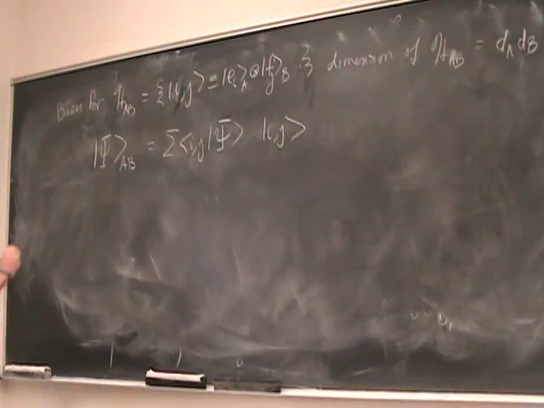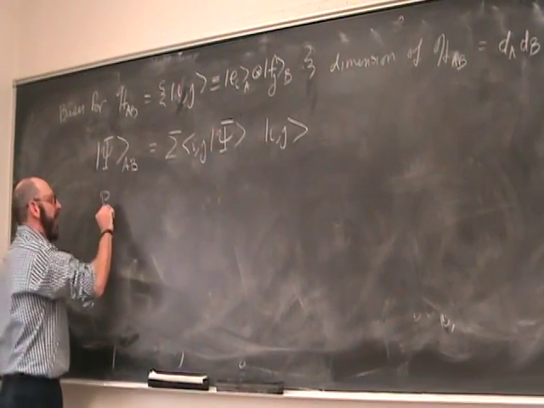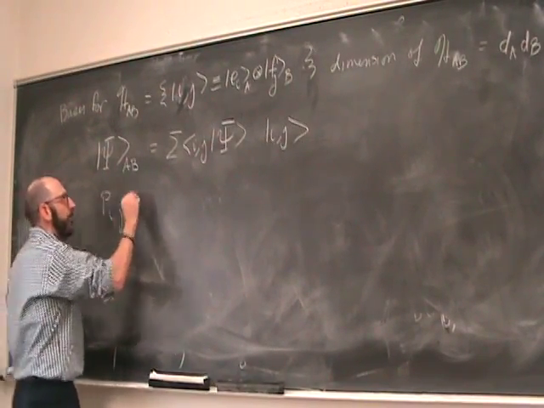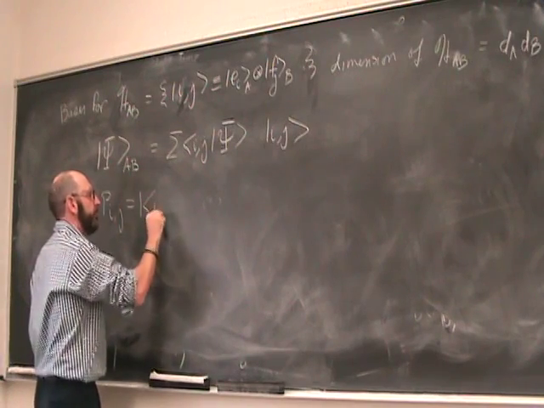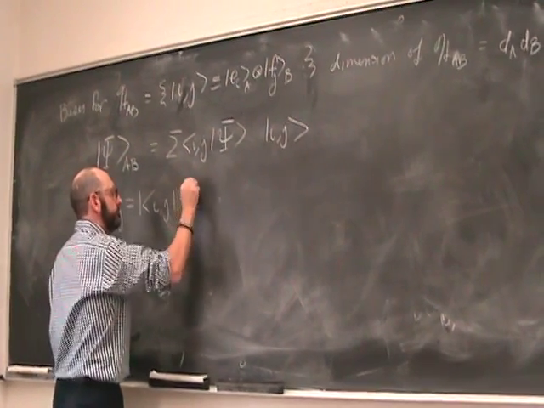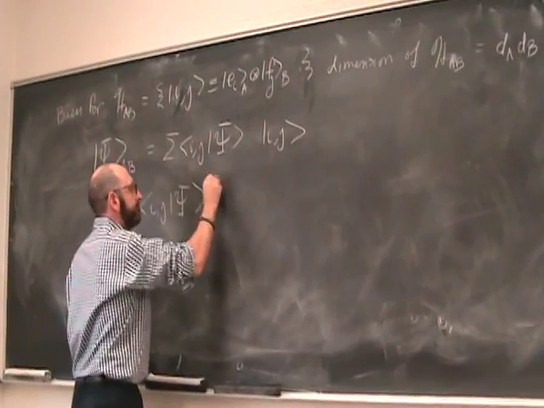And then the probability to have those two outcomes is the square of that amplitude.